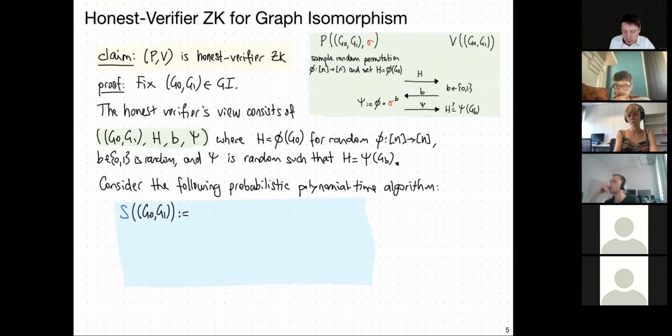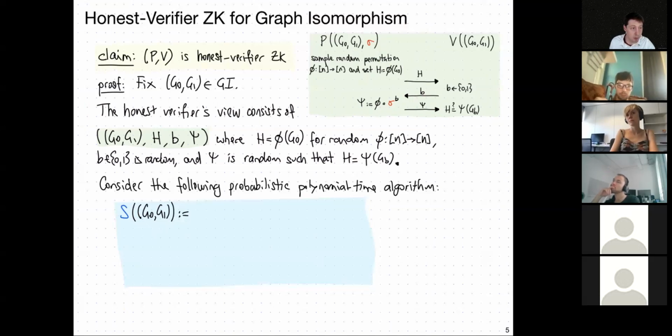To produce psi, I'm going to need information about some sigma, which ties G0 and G1. But even if I am promised that G0 and G1 are isomorphic, as an efficient algorithm, I may not be able to find an isomorphism between them. So I cannot just follow the honest prover's protocol.